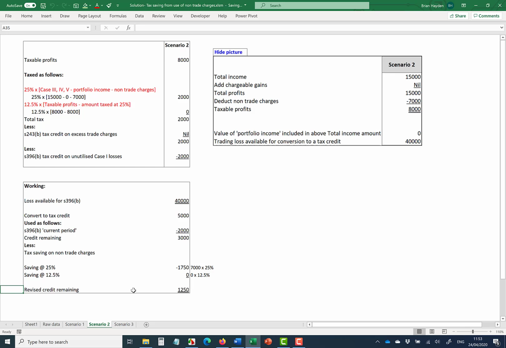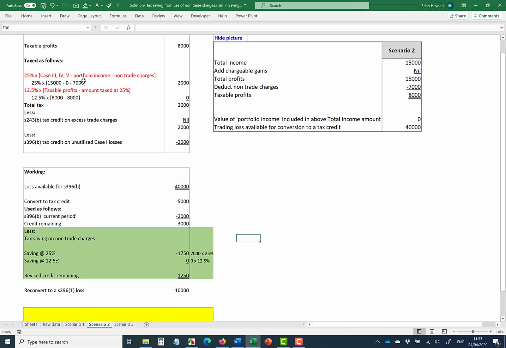So the total saving was 1,750, which comes off the credit to give you a revised credit of 1,250. And when you reconvert that to a loss for future use, you've got 10,000 euros. So again, I'm just going to highlight this key bit here that identifies the amount of the tax saving that we're talking about.